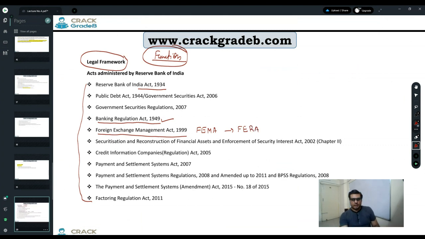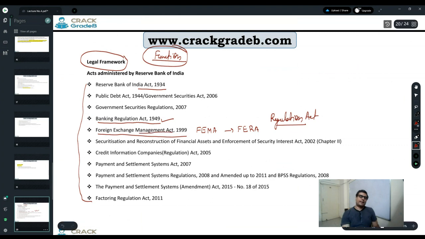The Regulation Act was there in the 1970s. That act was passed, but later on it was replaced by the Management Act. So, what is the difference between regulation and management?